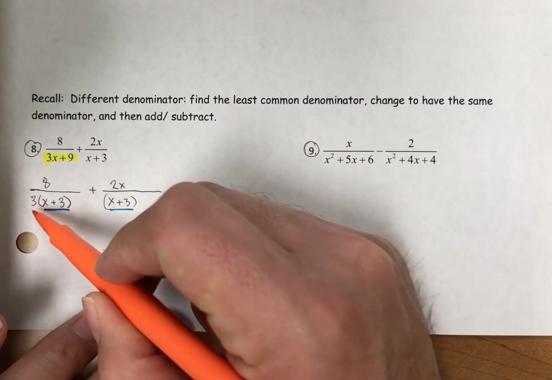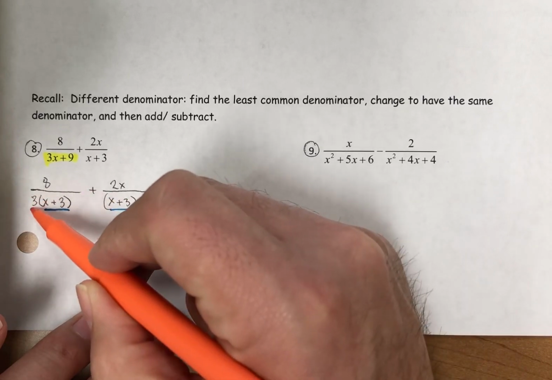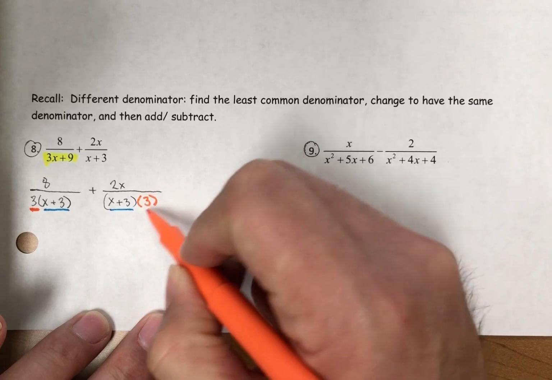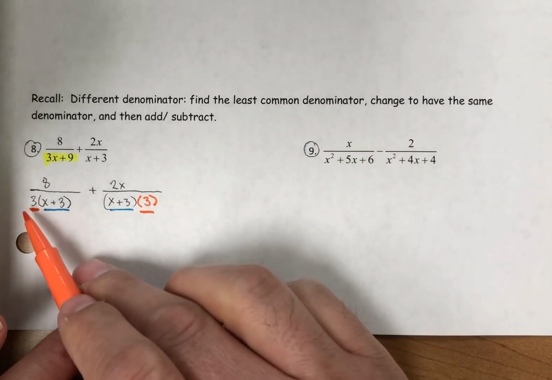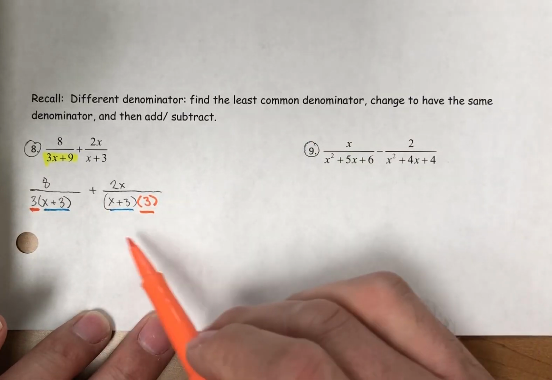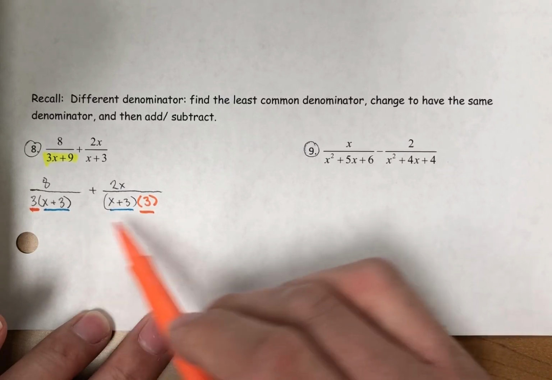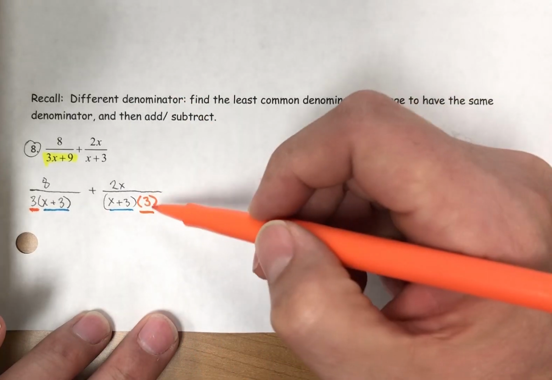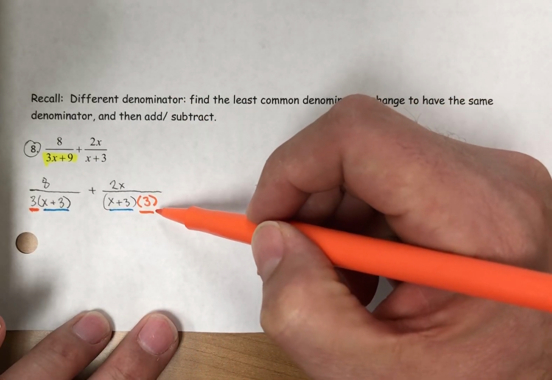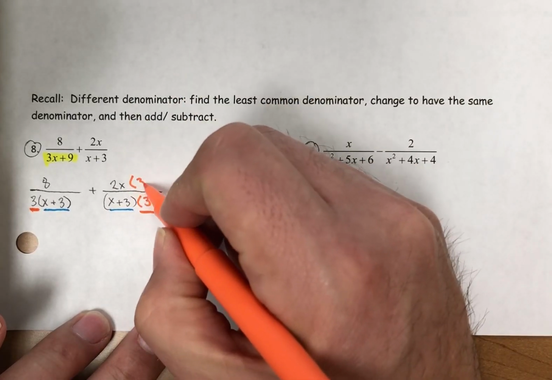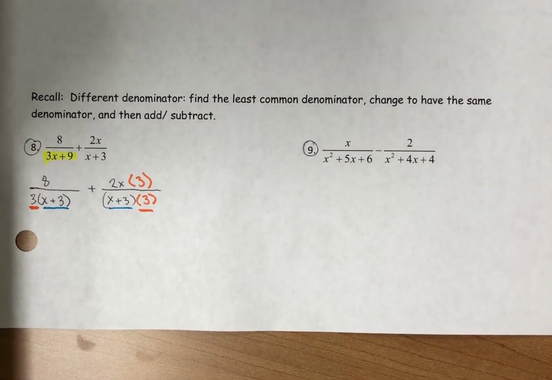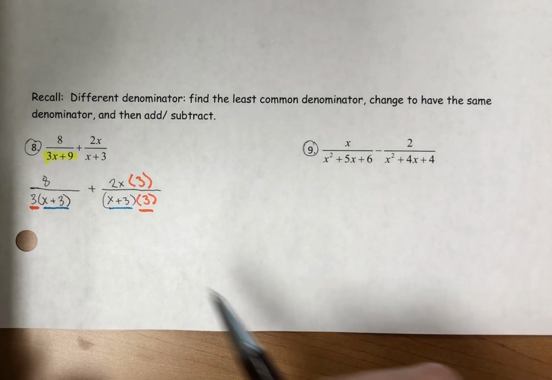There's a 3 over here and there's not one over here. So I am going to take that 3 and multiply it to this side so that now they share that factor of 3. So now my denominator is a common denominator. If I multiply this denominator by 3, then I also have to multiply its numerator by 3. And so this is how we get a common denominator.